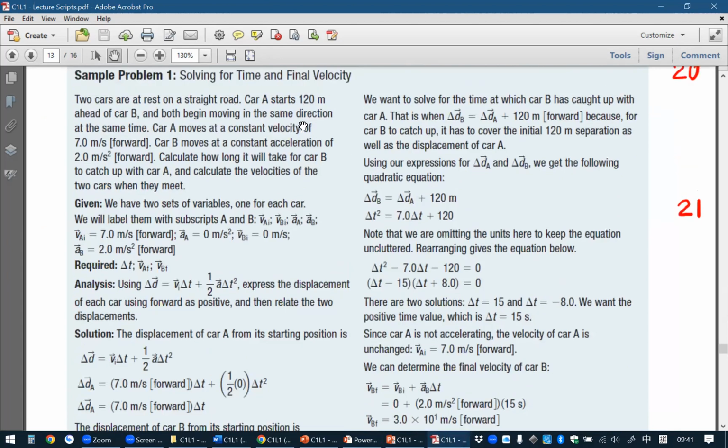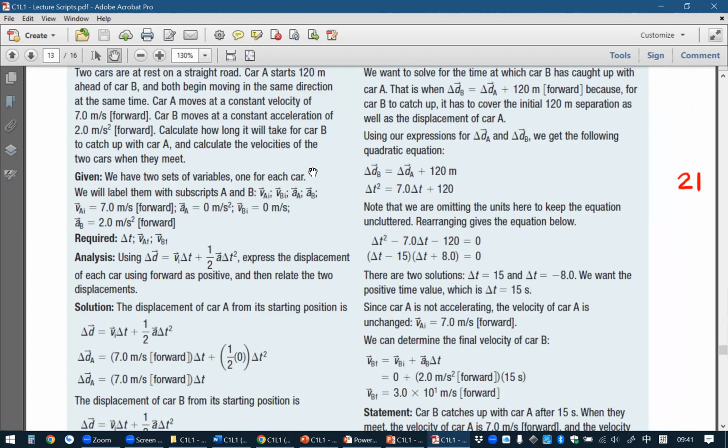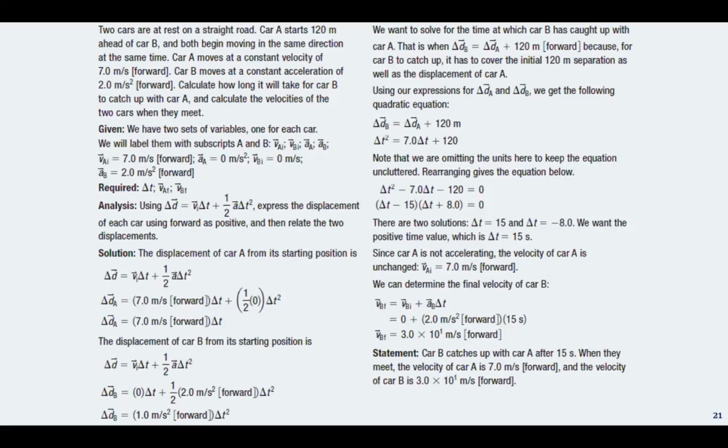Okay, so let's analyze this problem first. The information given is, we have two sets of variables, right? One for each car. So first of all, we'll label them with subscripts A and B. So all the variables for car A are with subscripts A, and for car B with subscripts B. So we know the initial velocity of VA and VB and acceleration of A and B, right?